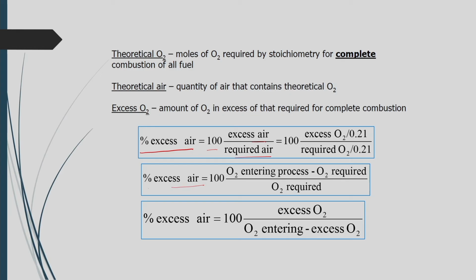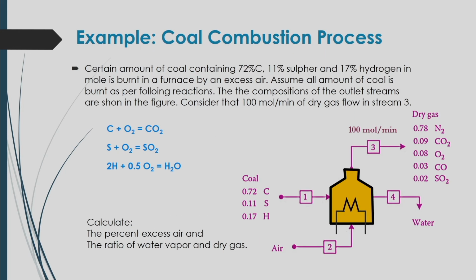It is defined as 100 times oxygen entering the process minus oxygen required, divided by oxygen required. Similarly, percentage excess air can be calculated based on excess oxygen also, like 100 times excess oxygen divided by oxygen entering minus excess oxygen. This definition you can use for further calculation in your material balance.